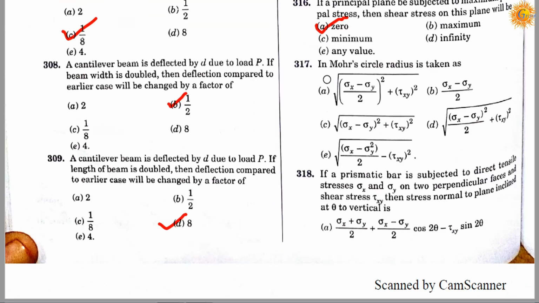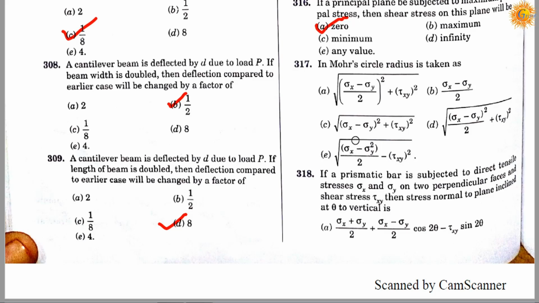Question number 317. In Mohr's circle, the radius is taken as: option A, under root of, in the small bracket, sigma x minus sigma y divided by 2 whole square, plus tau xy whole square; option B, sigma x minus sigma y divided by 2; option C, under root of sigma x minus sigma y whole square plus tau xy whole square; option D, under root of sigma x minus sigma y whole square divided by 2 plus tau xy whole square; and option E, under root of sigma x minus sigma y square divided by 2 minus tau xy whole square.